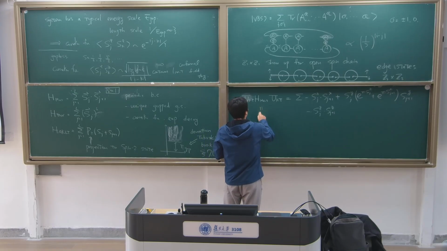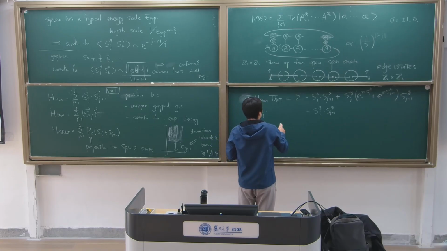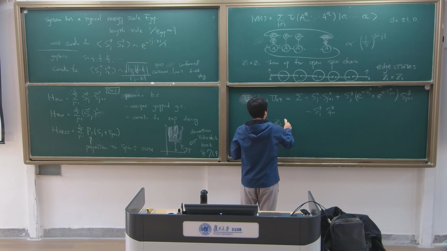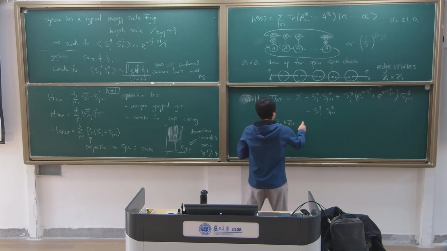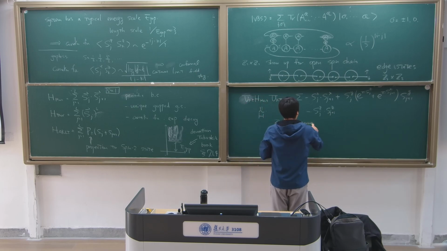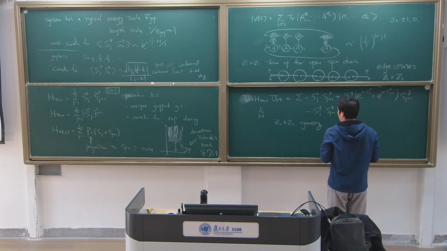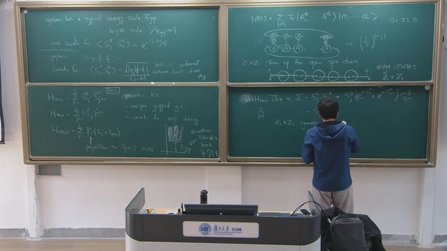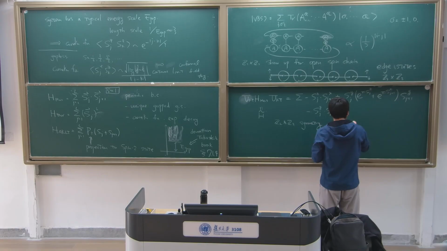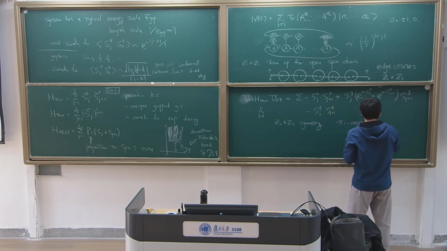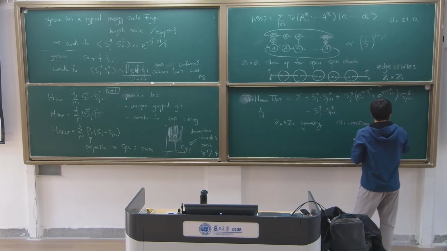This Hamiltonian, I call it H2, has a D2 cross D2 symmetry, and this can be understood as the rotation along the x, y, and z axes.